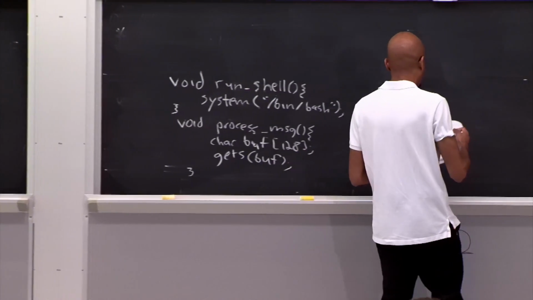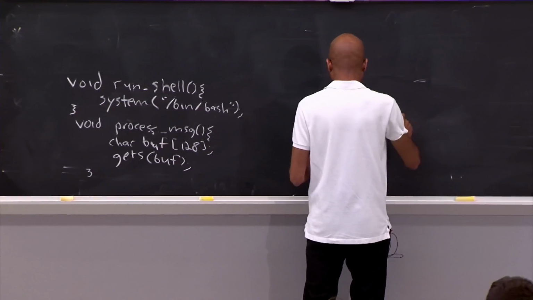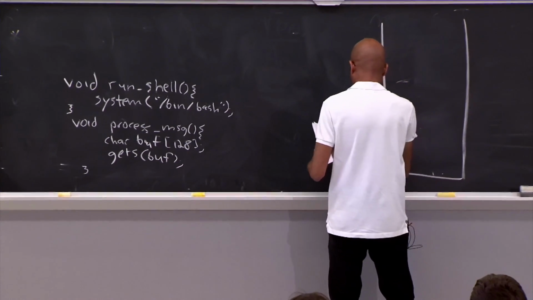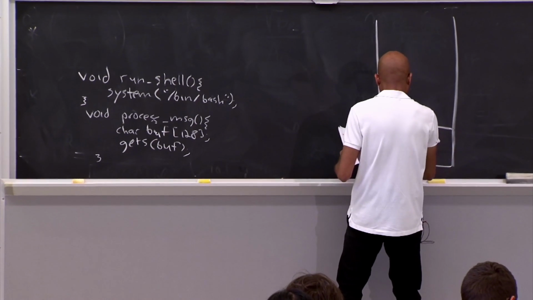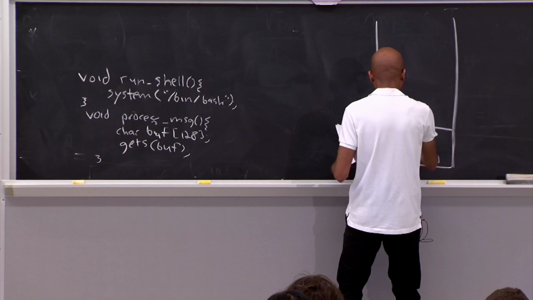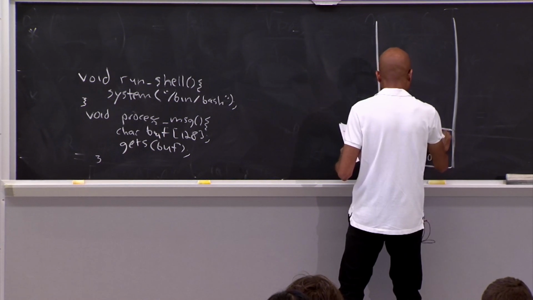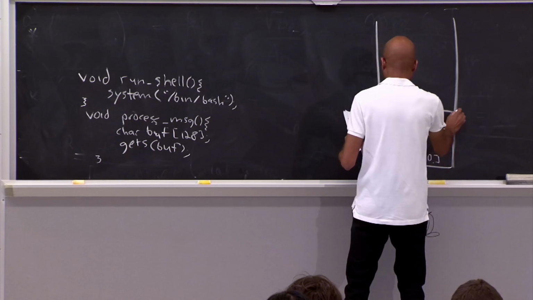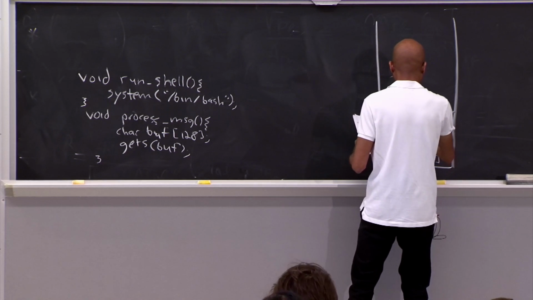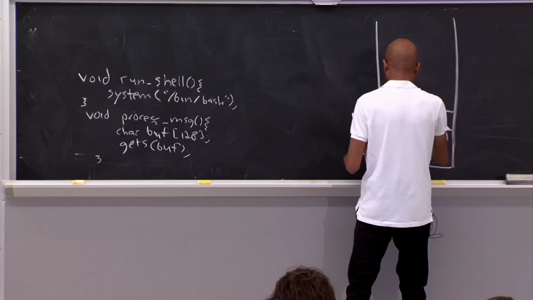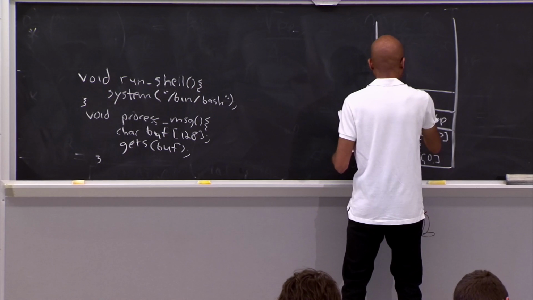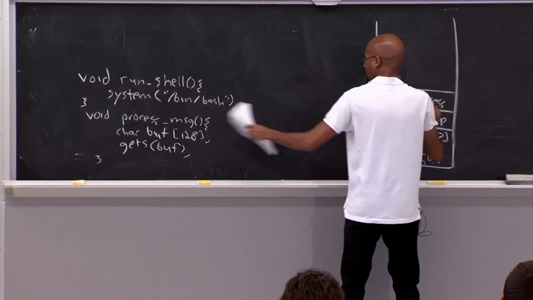Just to make that clear, let's draw that over here. We have a setup that looks something like this. At the bottom, we have the buffer that's being overflowed. And then up here, we have the saved base pointer. Up here, we have the return address for process message.